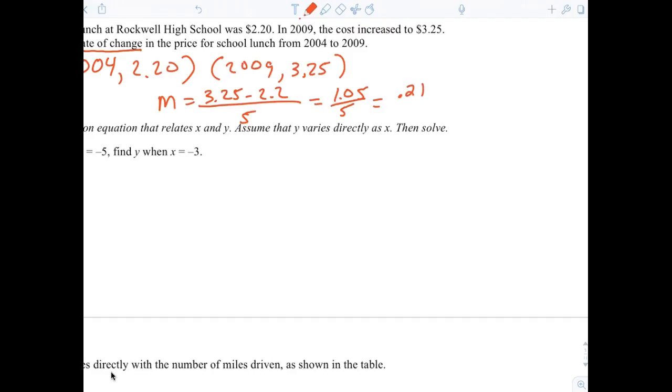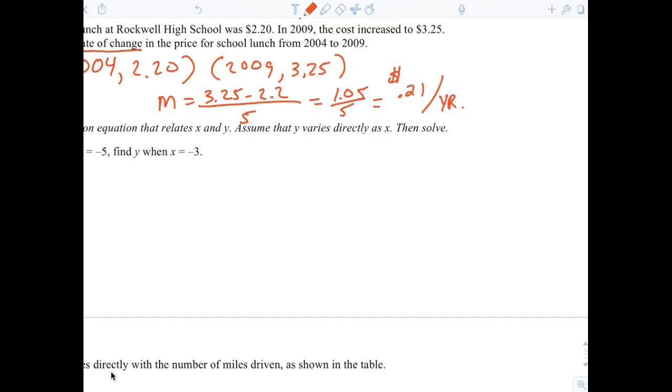Good job, guys. So that means it increased 21 cents per what? Year. That's what the rate is.